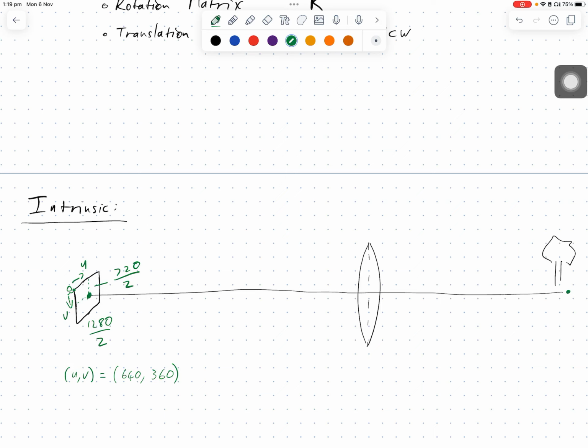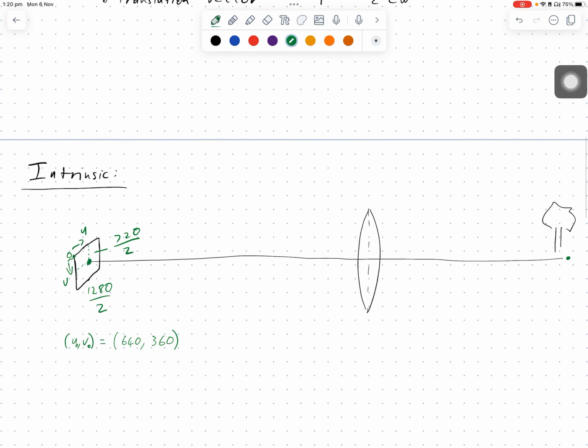Okay, so that's the first thing. We know where the center of our U and V axis is going to be, where the optical center is going to be in terms of its U and V coordinates. And that has a special name. We put U0 and V0 for those coordinates down.